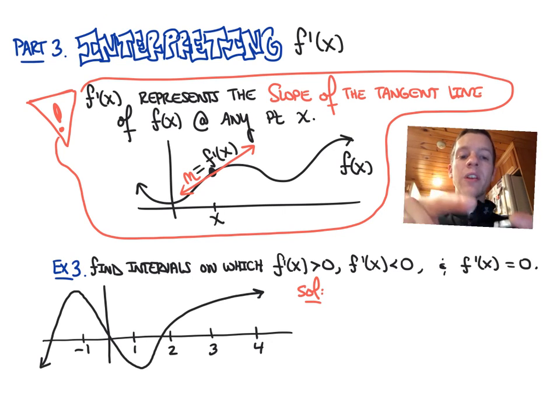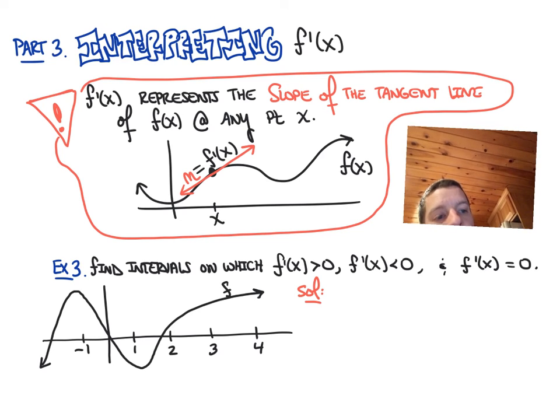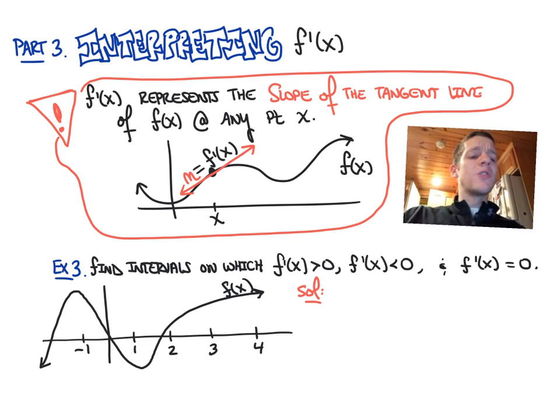Okay, we're going to finish with example 3, and that's kind of interpreting a graph of f of x and what it means for f prime. If I give you a graph of f of x, and we ask just for intervals on which the derivative is positive, negative, and 0, all you're doing is essentially looking at the slopes of the tangent lines as you progress along this graph.